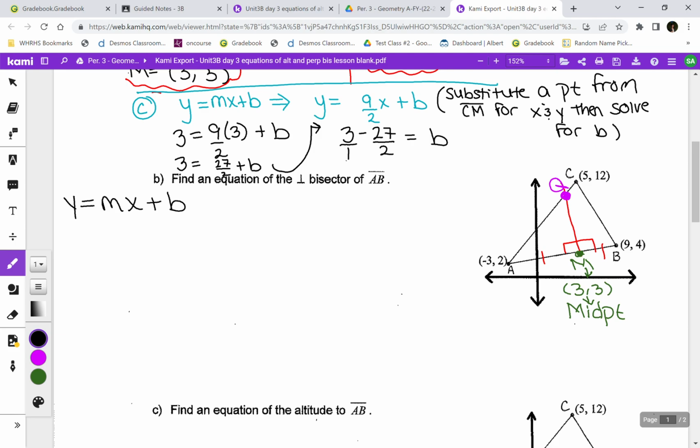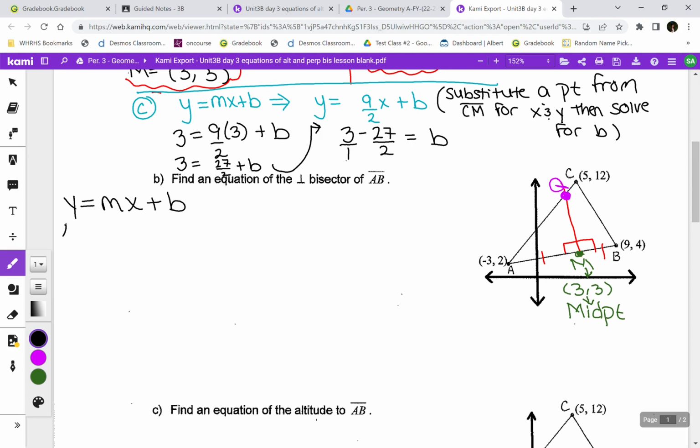So my starting point right here, because I'm not able to find the slope of QM. Why am I not able to find the slope of QM? Because I don't have any point coordinates for Q. But am I able to find the slope of AB? Yeah. Because I'm able to find the slope of AB, I can just take the opposite reciprocal, and that will be the slope of QM. So I will write this out for you.